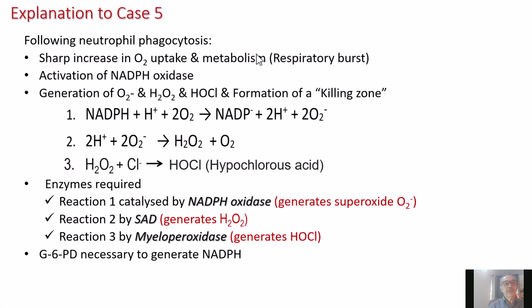The explanation is this. Following the neutrophil phagocytosis, that is margination, chemotaxis, actual engulfing, there is a sharp increase in the oxygen uptake by the neutrophils and metabolism is increased, respiratory burst.